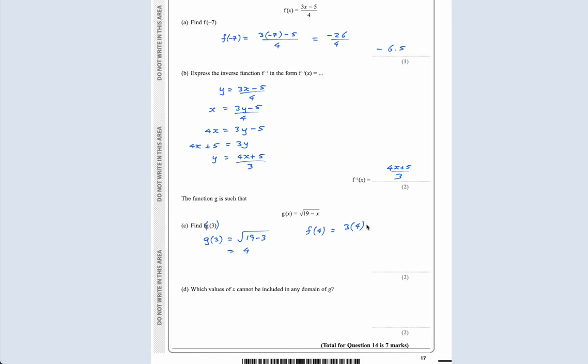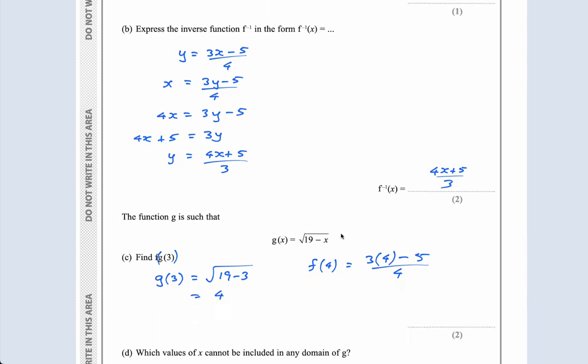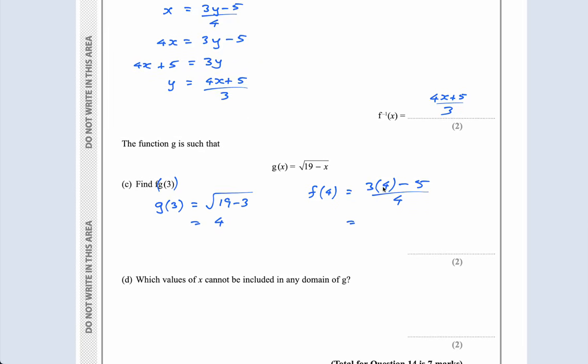So it's 3 times 4 minus 5 over 4, which gives me 12 minus 5 over 4, which is 7 over 4. And well, you can leave it as 7 over 4, or write 1.75 if you want.